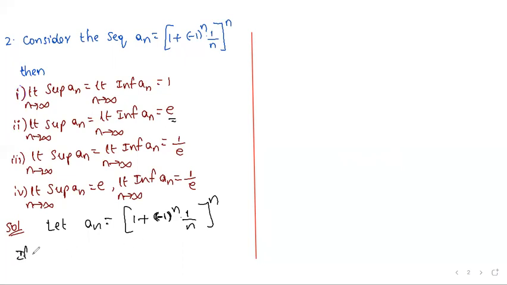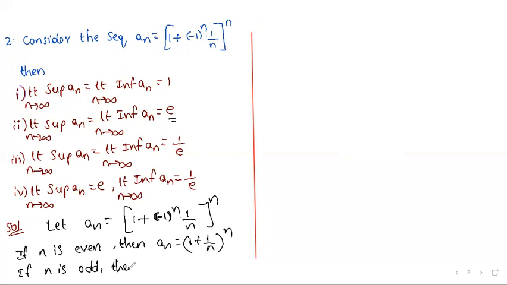Suppose n is even, then what about an? Minus 1 whole power of n means the positive term. When n is even, this can be written as (1 plus 1 by n) whole power n. If n is odd, then an is equal to (1 minus 1 by n) whole power of n.